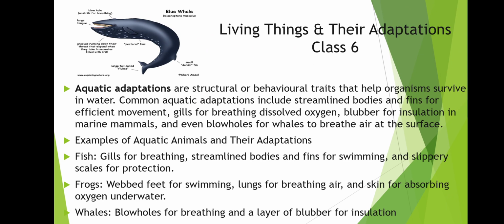Aquatic adaptations are structural or behavioral traits that help organisms survive in water. Common aquatic adaptations include streamlined bodies and fins for efficient movement, gills for breathing dissolved oxygen, blubber for insulation in marine mammals, and even blowholes for whales to breathe air at the surface.